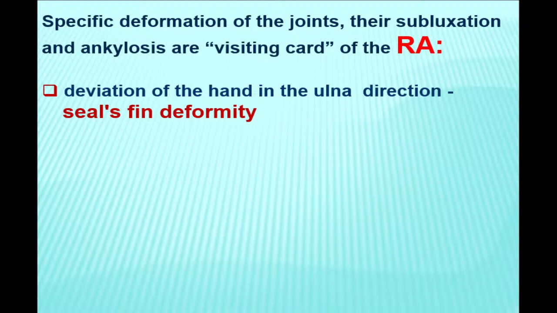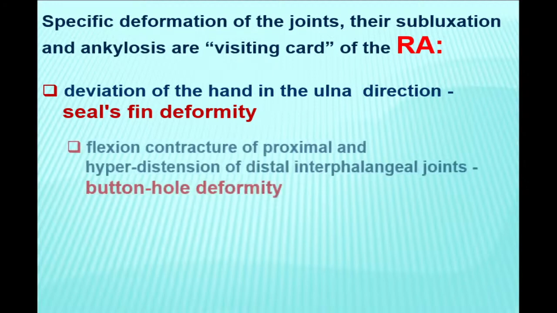First of all, this process localizes on the upper extremities, on the hands of the patient, and has a specific name, because it is characteristic only for rheumatoid arthritis. Specific deviation of the hand in the ulnar direction resembles a seal's fin, and it is named seal's fin deformity.